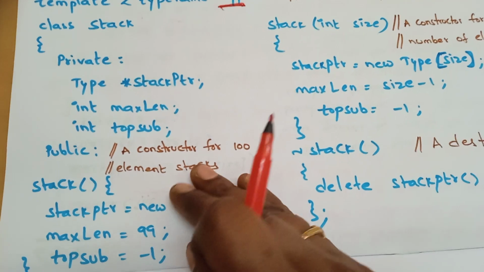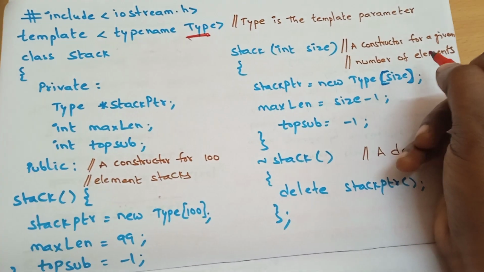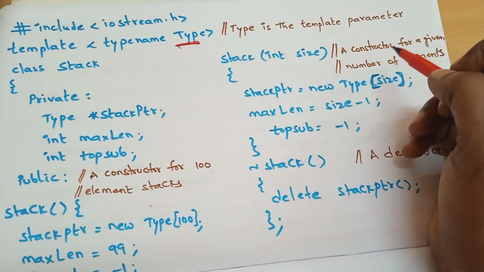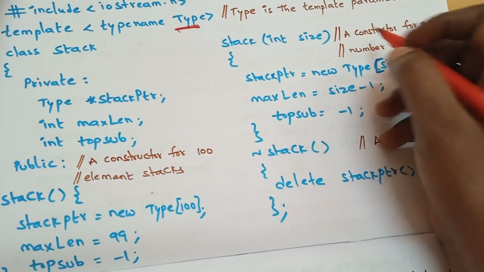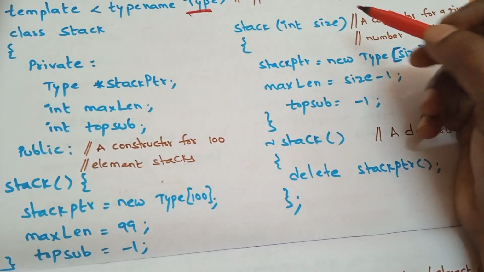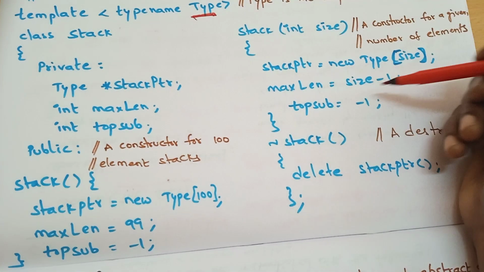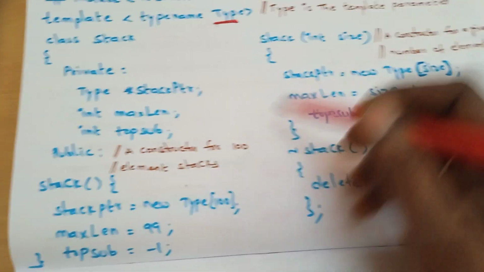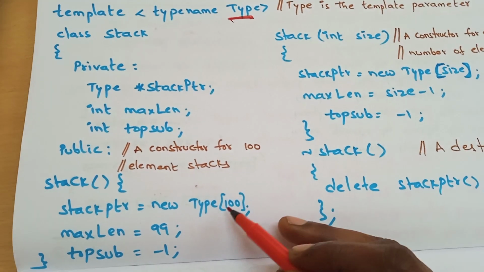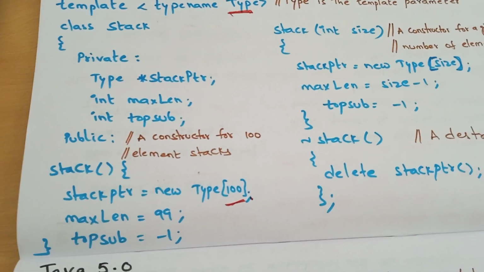The reason why it is a parameterized ADT is that I'm taking a constructor for a given number of elements, which is the size. This is stack int size, a constructor for a given number of elements. Now this is a constructor for a 100-element stack.